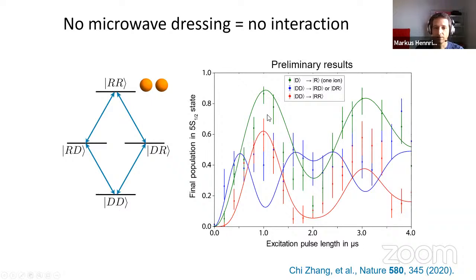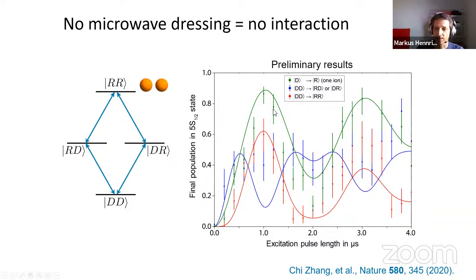We can compare the signal that we get, either one ion being excited to the Rydberg state or both ions being excited to the Rydberg state, to the case where we only have one ion and only excite one ion to the Rydberg state. So the green curve here is Rabi oscillations of one ion, while the red and the blue curve are two ions next to each other, with both of them excited to the Rydberg state.